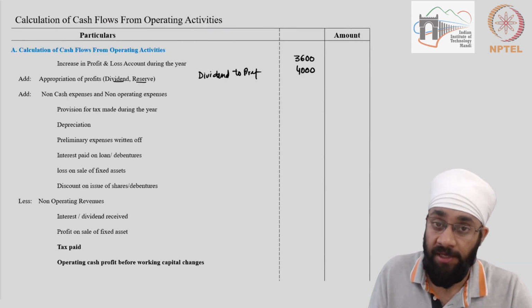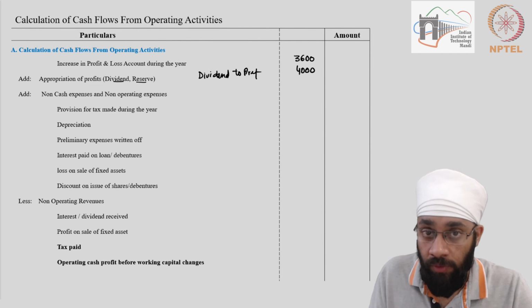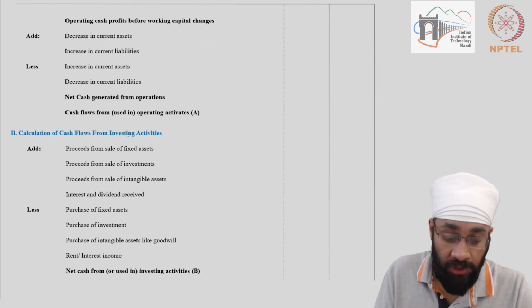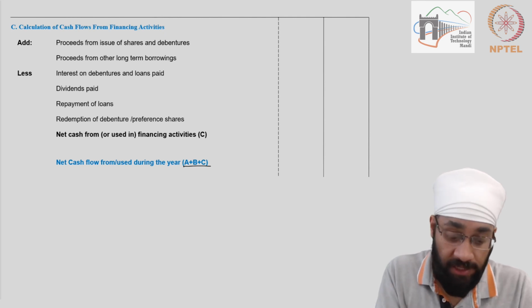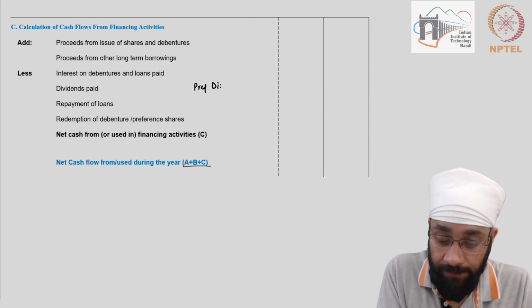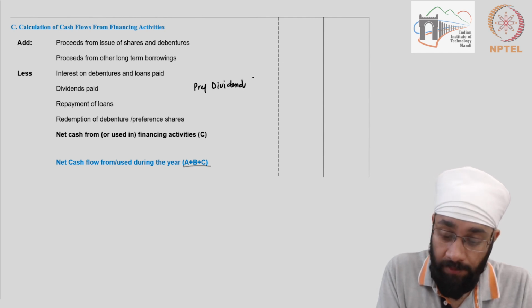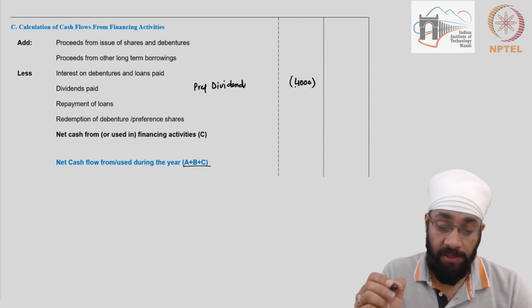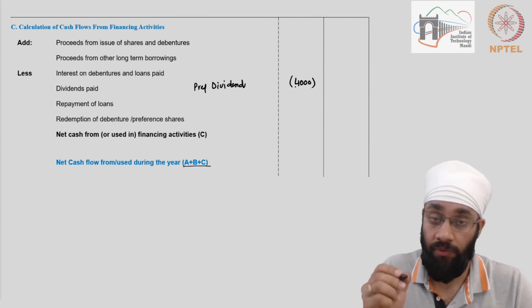So in the financing activities, there will be an outflow for the dividend which has been paid. So I'm going to go to the outflows from financing activities, and I will write preference dividend paid. Preference dividend paid 4,000, and I'm going to put this in the parenthesis because this is an outflow.